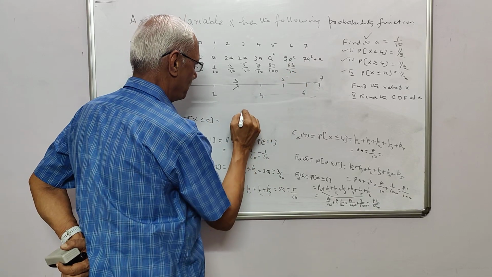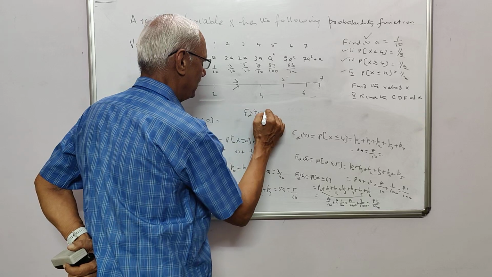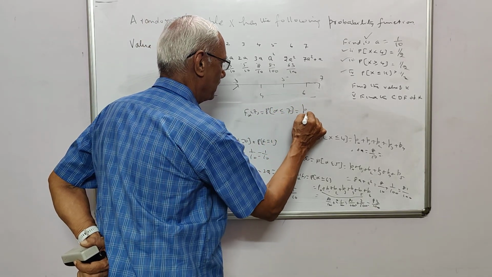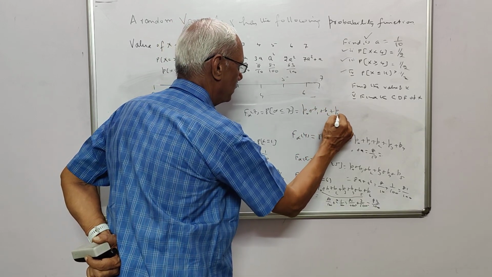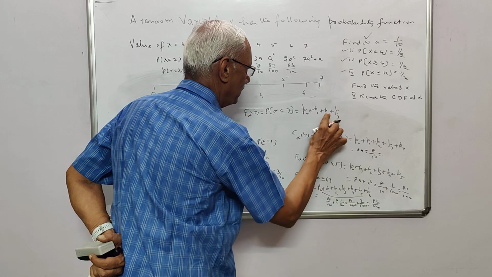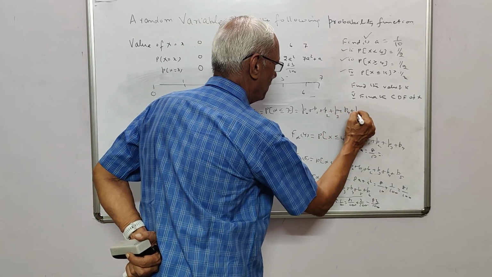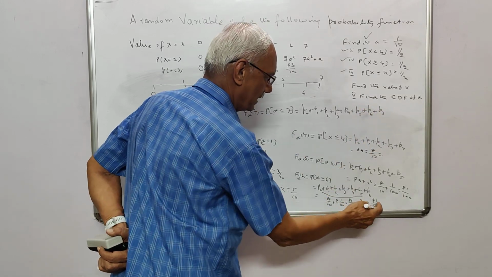And what is your F_X(7)? That is equal to P of x less than or equal to 7: P0, P1, P2, P3, plus P4 plus P5 plus P6 plus P7. Say, accumulate.